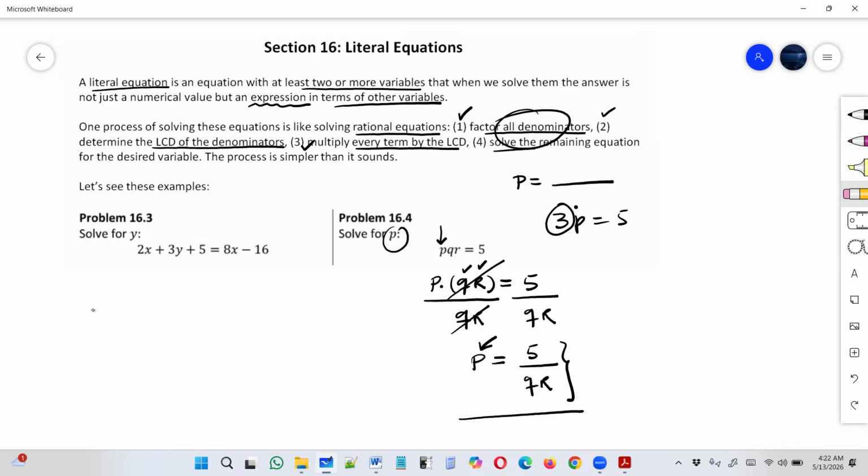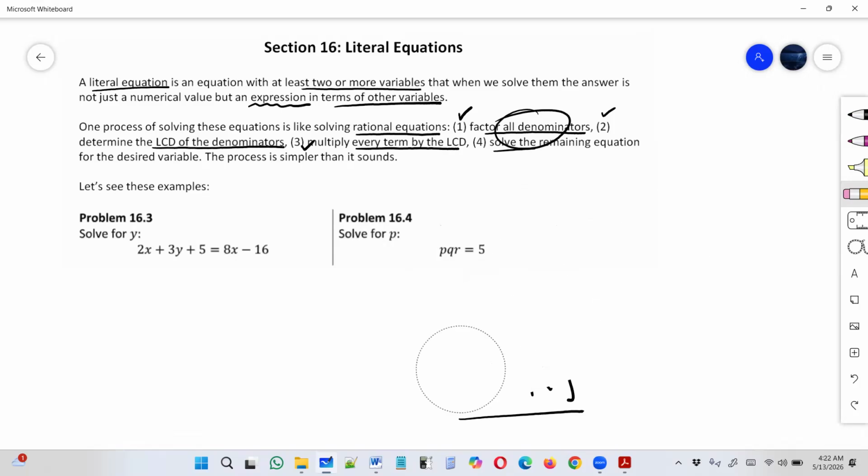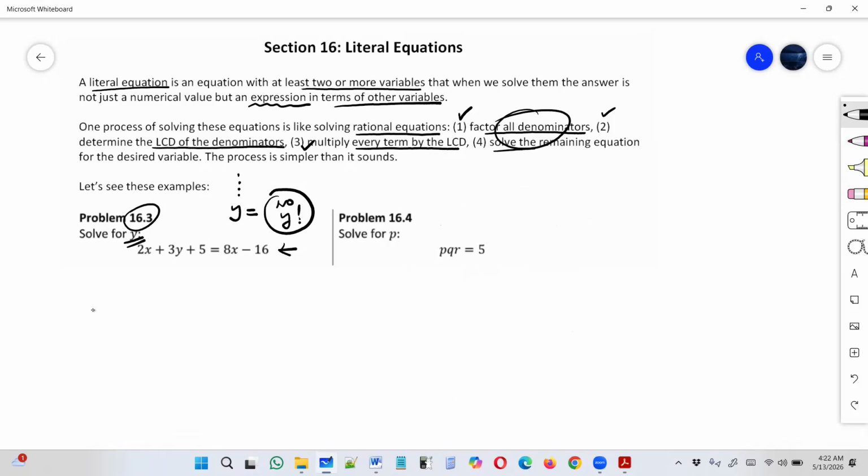All right, let's take a look at the second example, 16.3. Notice that I have an equation again, no denominators, which is okay. I am asked to solve for y, which means after I do all my algebra, I am going to have y on the left side and on the right, whatever else, but no y variable.